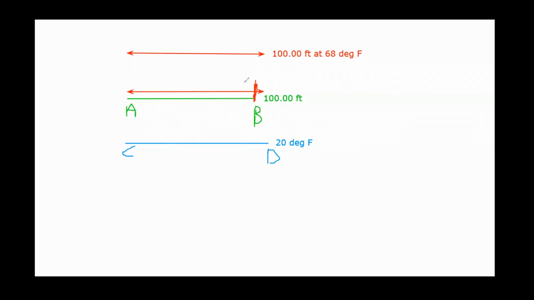What will happen to the tape at 20 degrees Fahrenheit? It's going to shrink a little bit. So it's not going to go all the way to the 100. It's going to be a little bit less. So your measured distance will be a little bit less. Hopefully that makes sense. So you have to be aware of that.